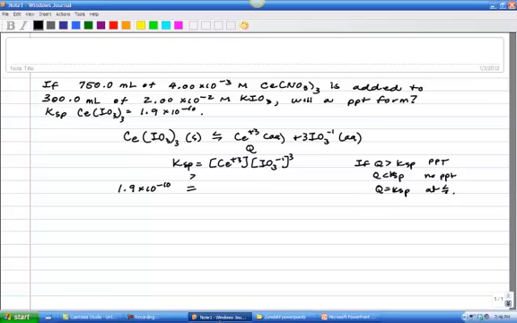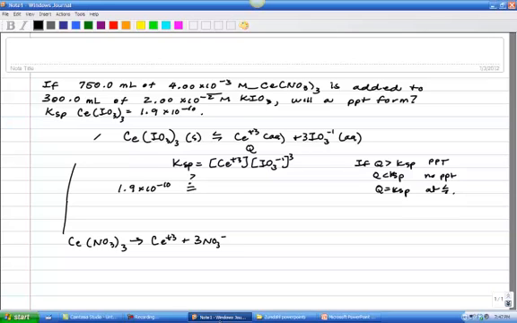I tend to write it like this. I say, does it equal it? My guess is it's not going to, so we're going to see if it's larger or smaller. Now, it might be, at first glance, pretty easy to plug in this number for cerium and this number for iodate, because cerium nitrate, as you can see, moving it over here, cerium nitrate, when it forms ions, it's going to be cerium and 3 nitrates.